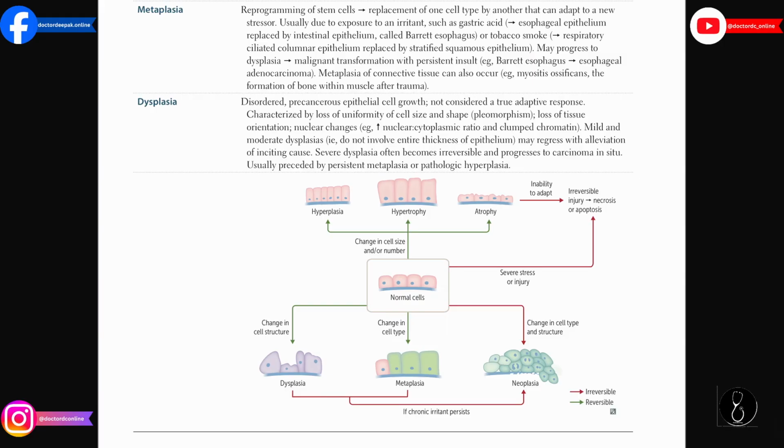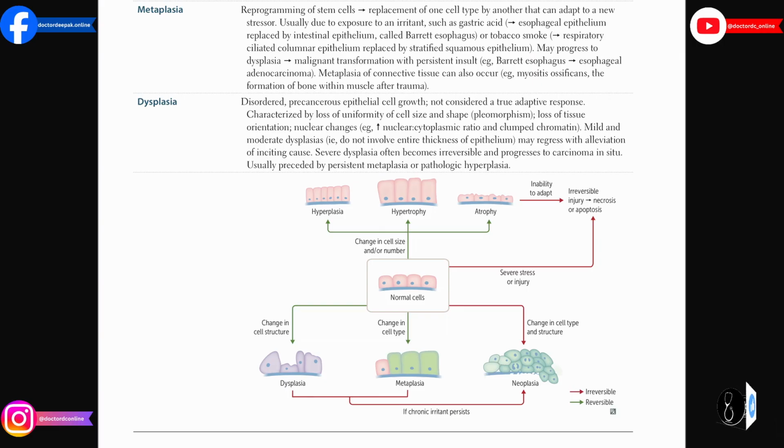Now let's take an example of a normal cell with metaplasia. You can see in the normal cell they use only one color, but in metaplasia the cell color is changed. It means the cell type is changed, and we know that when the cell type is changed, it is called metaplasia. On the other side, you can see a normal cell and a change in cell structure.